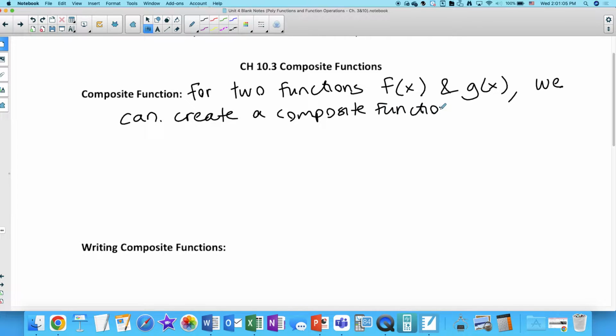Actually, we could create several composite functions from these two functions, but a composite function would look something like this.